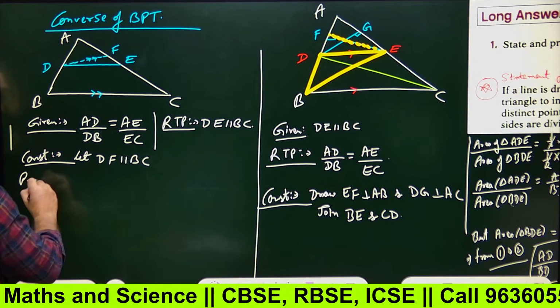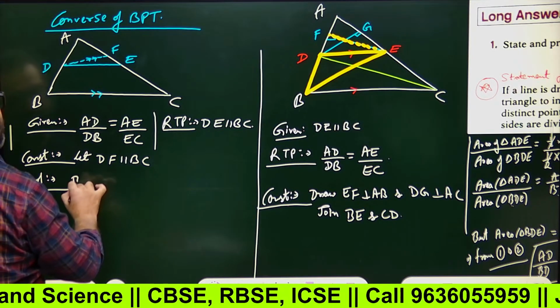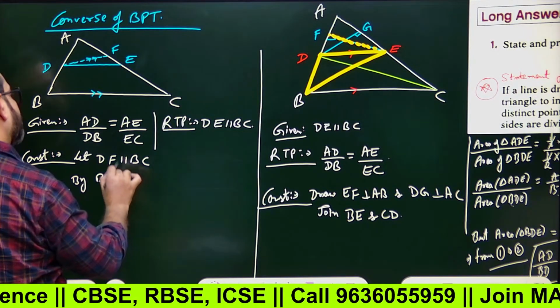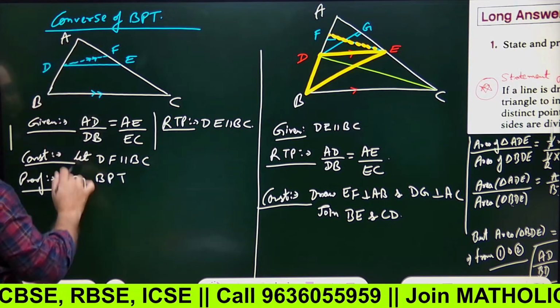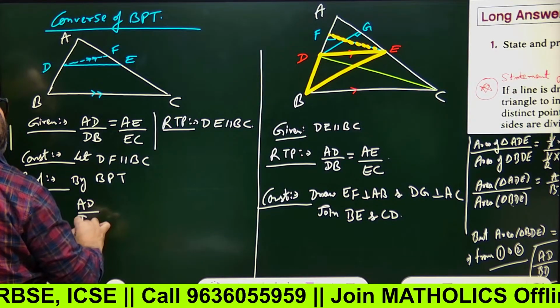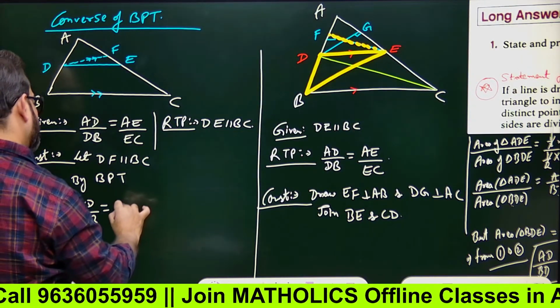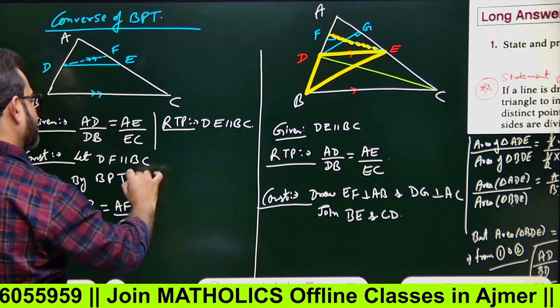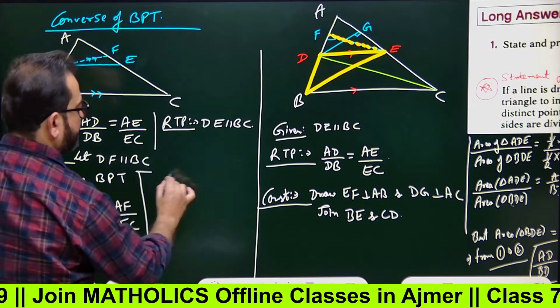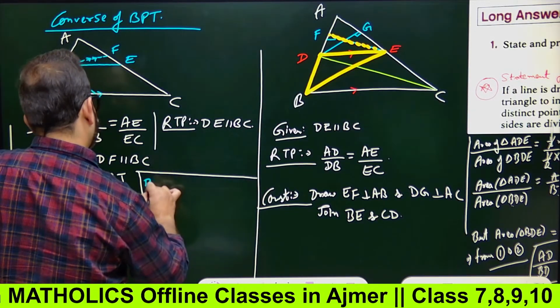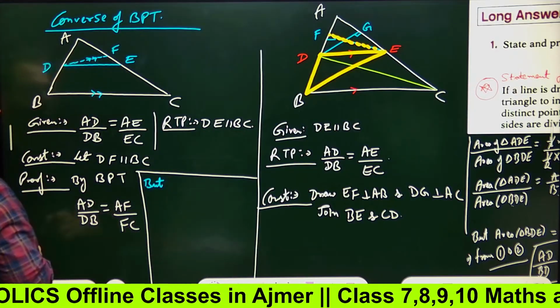Now we'll write the proof. So by BPT, if this line is parallel to this line, AD upon DB will be equals to what? AF upon FC. Yes or no? Tell me. Yes, sir. But what is given?